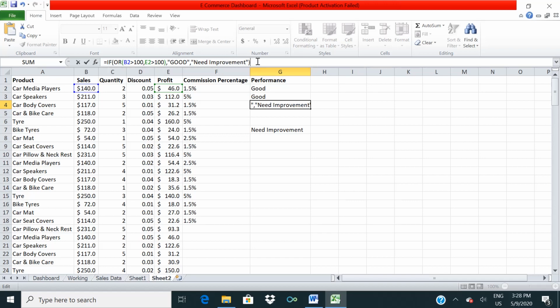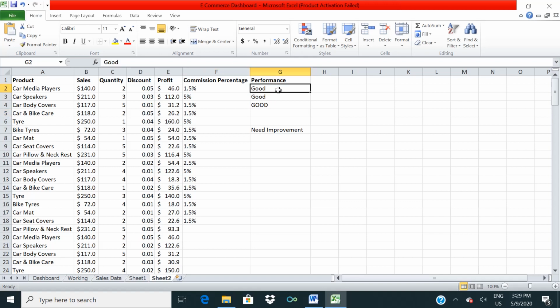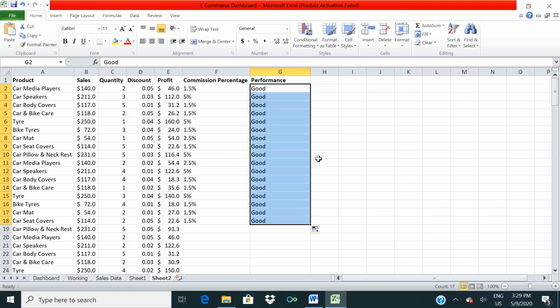So let's see. I was writing the formula in the wrong place actually. It should be in this first place. So here it is good.